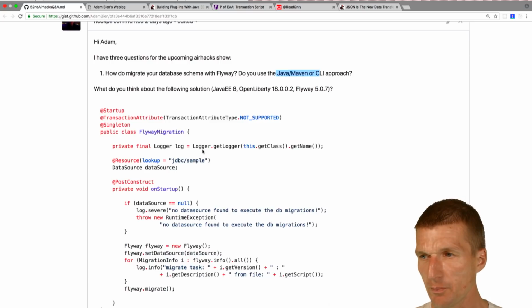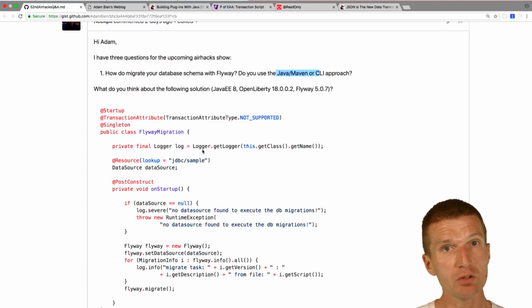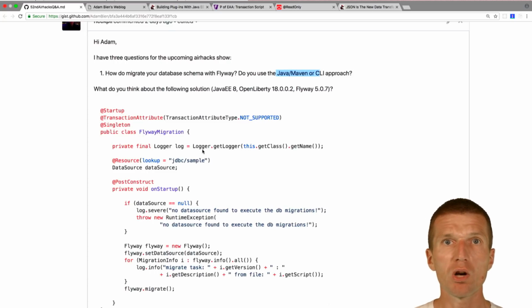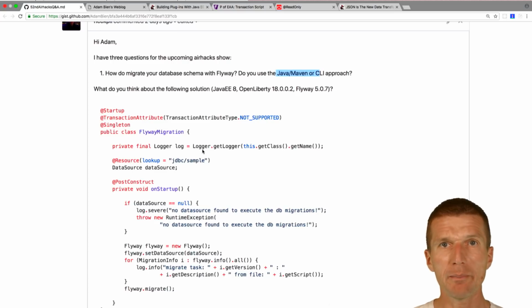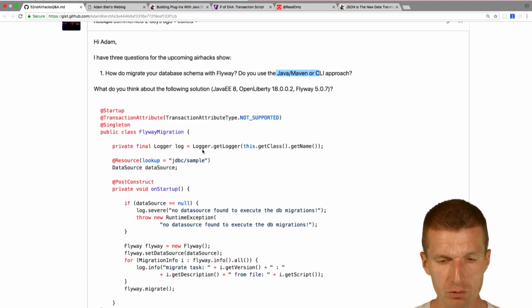So I implemented more or less a product for a client. And on the installation of the product, everything was set up. In a project where we deploy multiple times a day, I think it's better to have a Maven approach, because you will see in the Jenkins pipeline one slot and you will see whether the migration is successful or not.